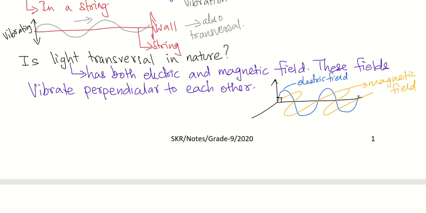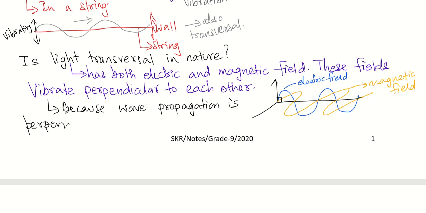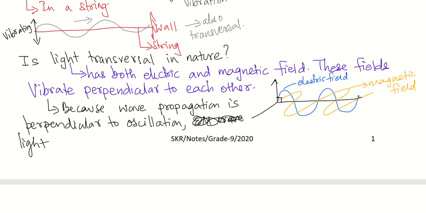Because the wave propagation is perpendicular to oscillation, the light wave is transversal in nature.